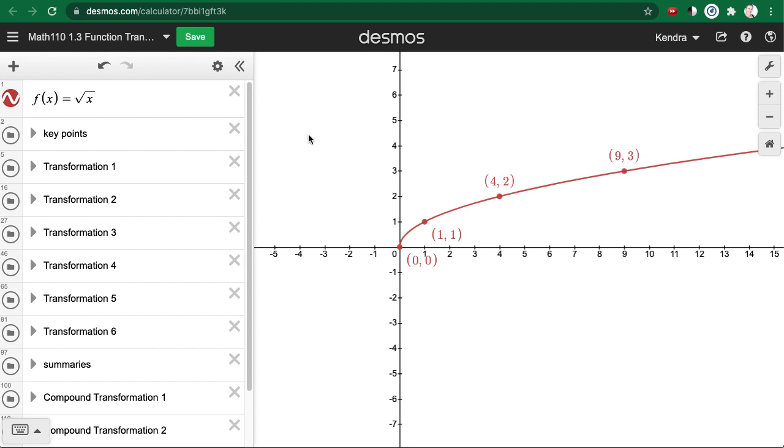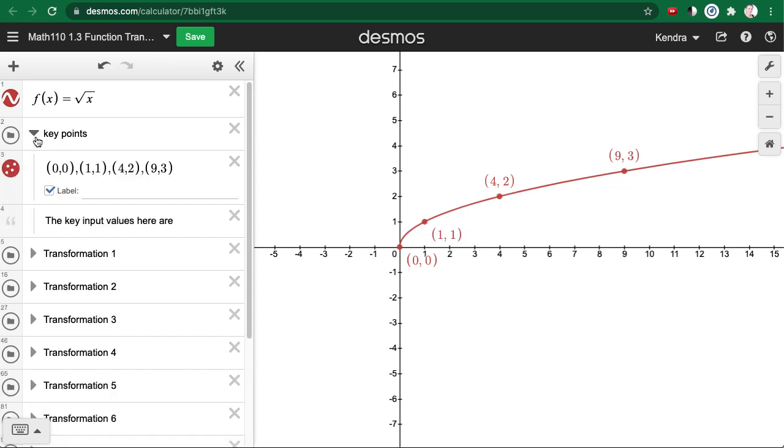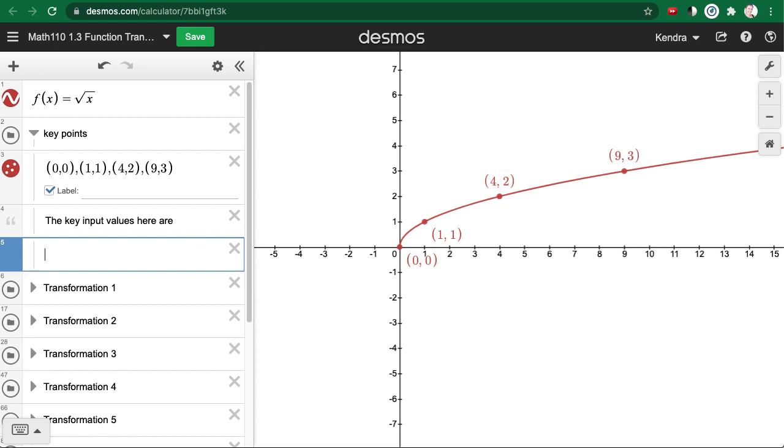As we're looking at each of these transformations, we are going to track those key points. And in tracking those key points, it's really important for us to look at the input values. The input values in those key points are basically the x coordinates. So those are 0, 1, 4, and 9.